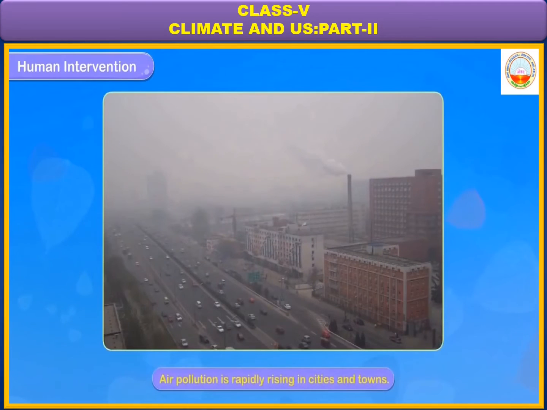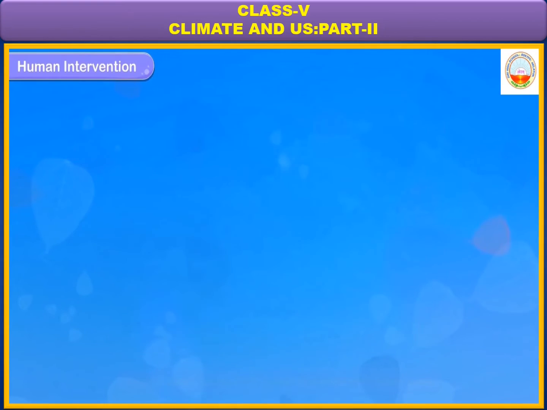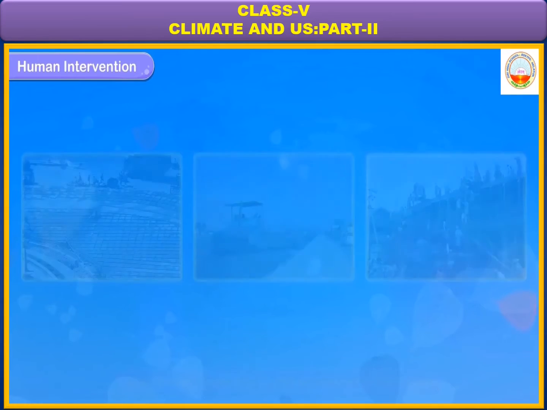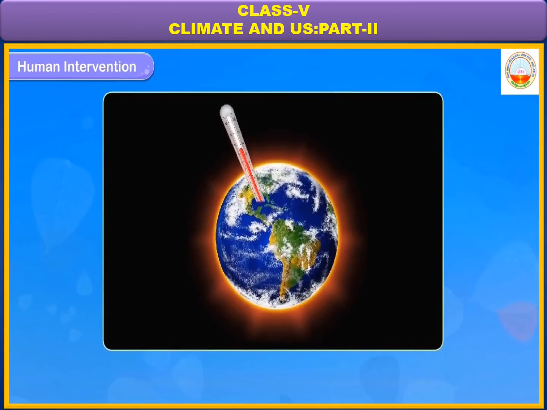Air pollution is rapidly rising in cities and towns, and more and more constructions, such as tarred roads and high-rise buildings, have led to increased areas of heat absorption on land. All this has resulted in an overall increase in temperature across the globe.